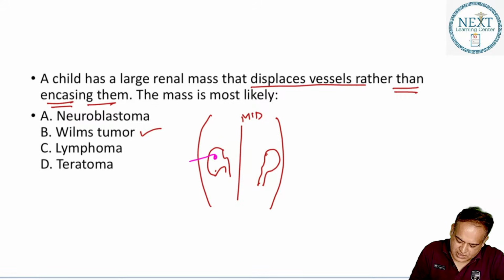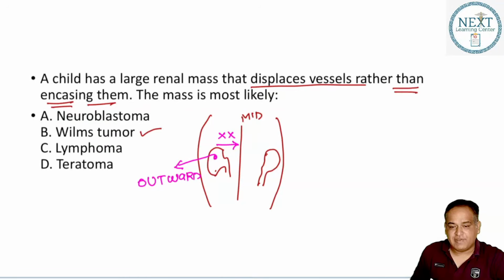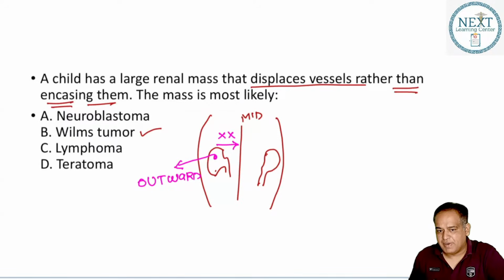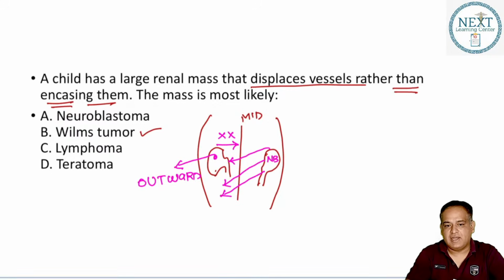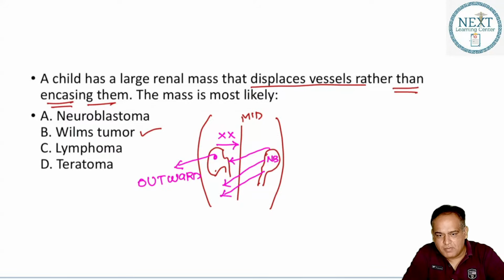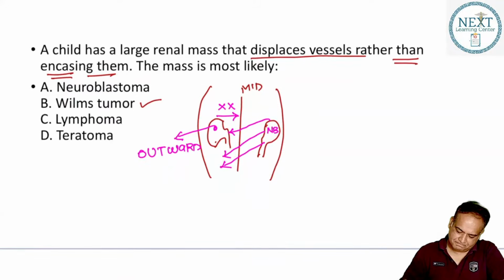Wilms tumor will start growing outward. Wilms tumor never crosses the midline. Whereas let's say on the other side there is neuroblastoma. Neuroblastoma arises from the adrenal gland, and it will definitely cross the midline. Right?